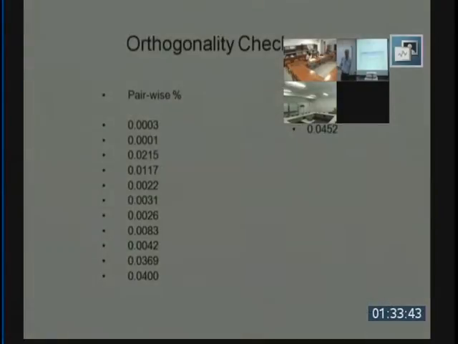And here, for any finite length, we have orthogonality. Not only that, the sum of all off-diagonal components is only 4%. This is amazing to me because I did not impose orthogonality. Orthogonality is not a requirement, but it came out to be that. We'll explain to you why this is the case later.